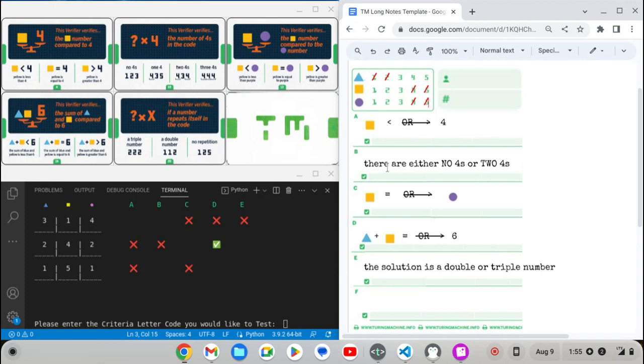Well, based on criteria card B, there seems to be no way to have another 4, because we already tested that in round 2 and it failed.